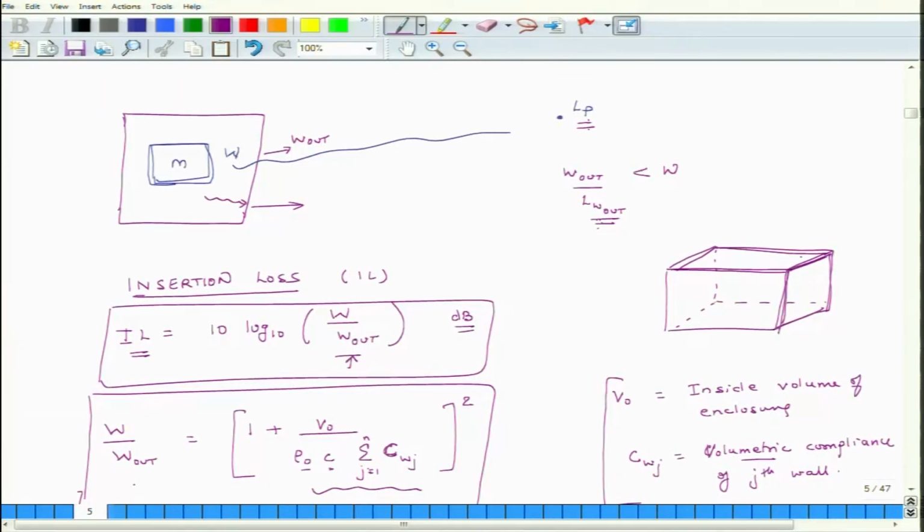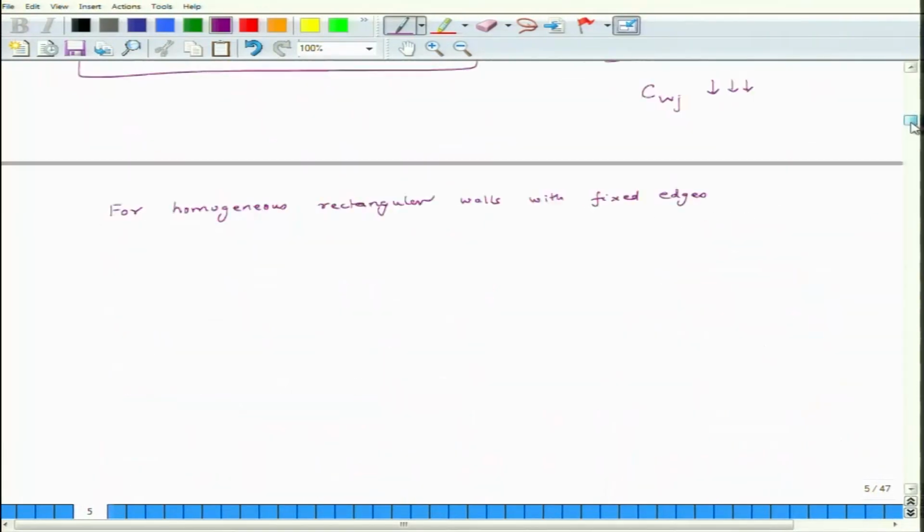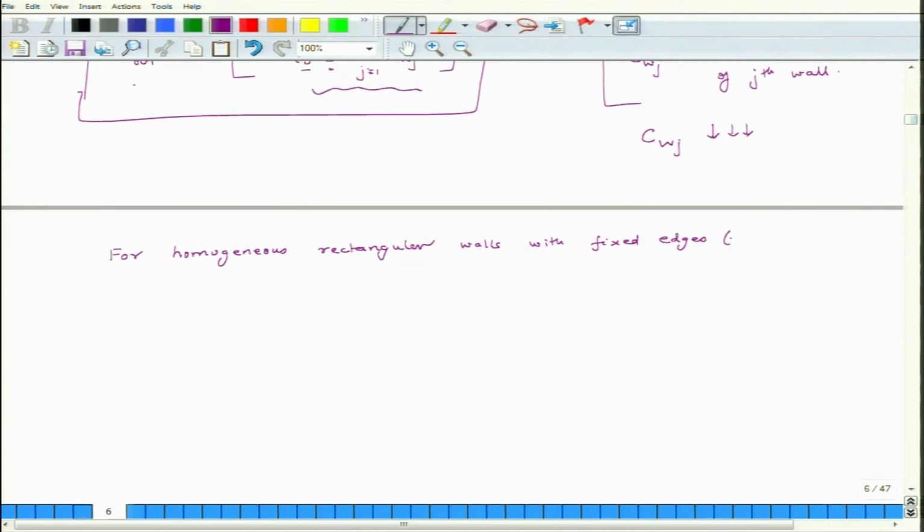It is not that there is nothing in there, all the edges are fixed, and actually the more mathematically correct term is clamped edges. Okay. The compliance of such walls is given by this.